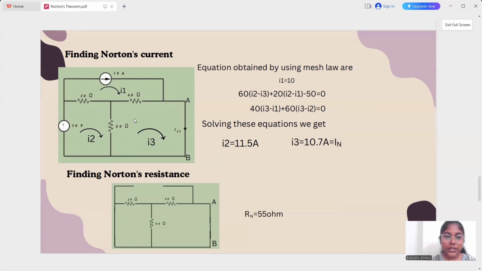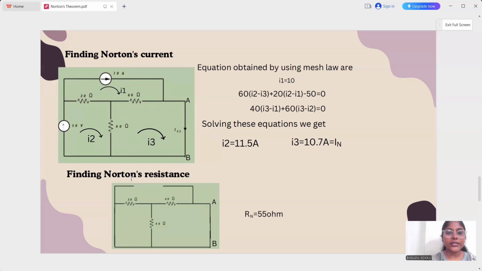From loop 3, we get the equation 40 I3 plus 40 into (I3 minus I1) plus 60 into (I3 minus I2) equals 0. By solving these three equations, we get the values of I2 and I3. Here I3 is nothing but the current passing through this terminal AB. That is our required Norton's current.